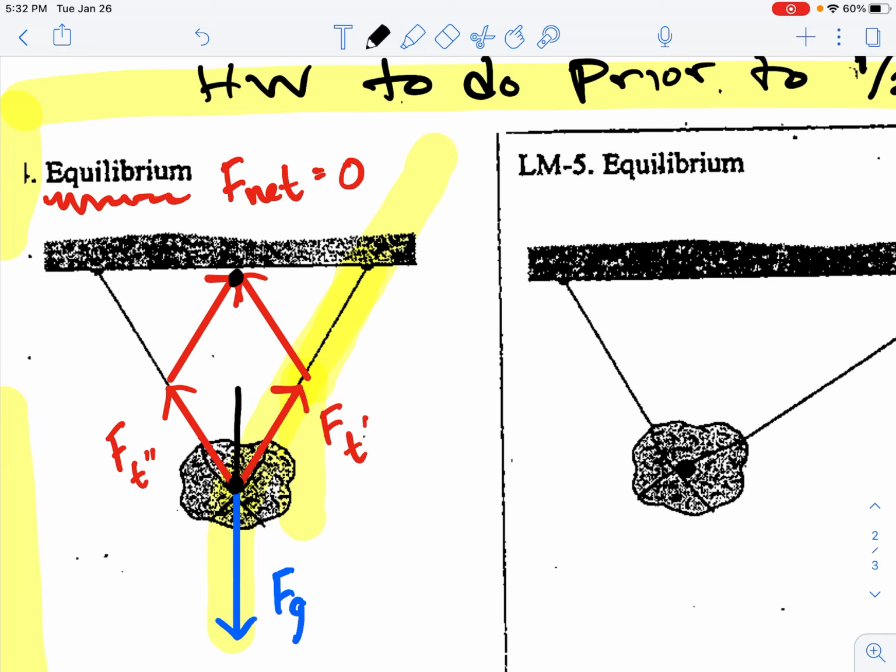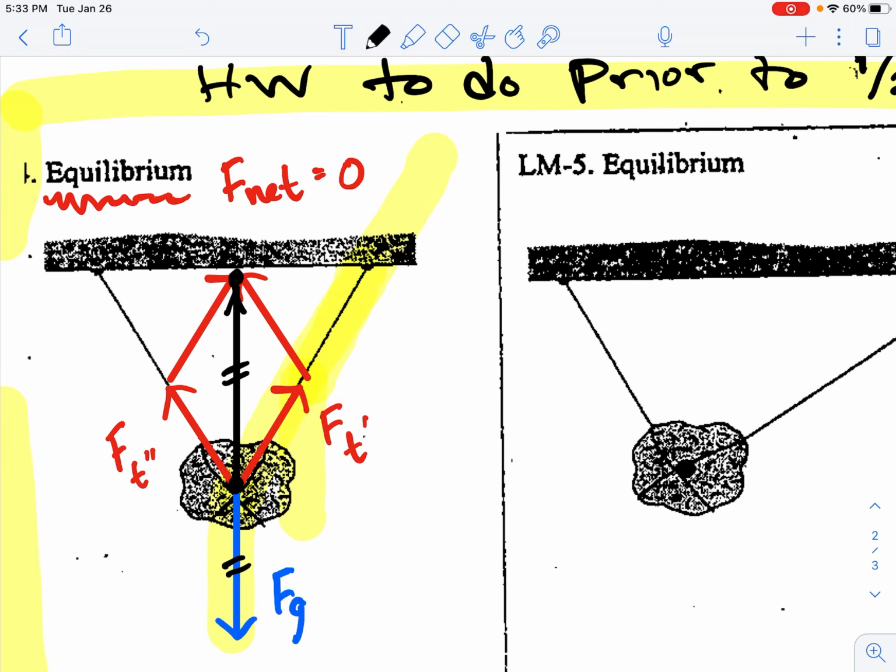So if I go straight up like that, then here is the sum of the tension vectors, and it should be equal and opposite to the force of gravity. So if I put 2 little tick marks here and 2 little tick marks there, it means that the combination of those 2 ropes is exactly opposite to the force of gravity on the rock.